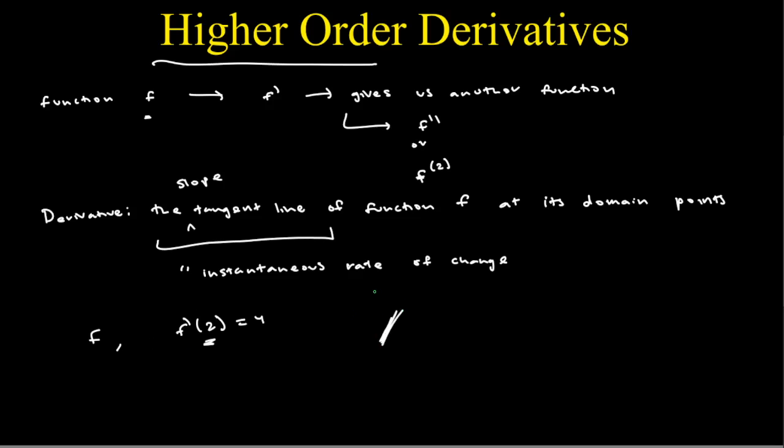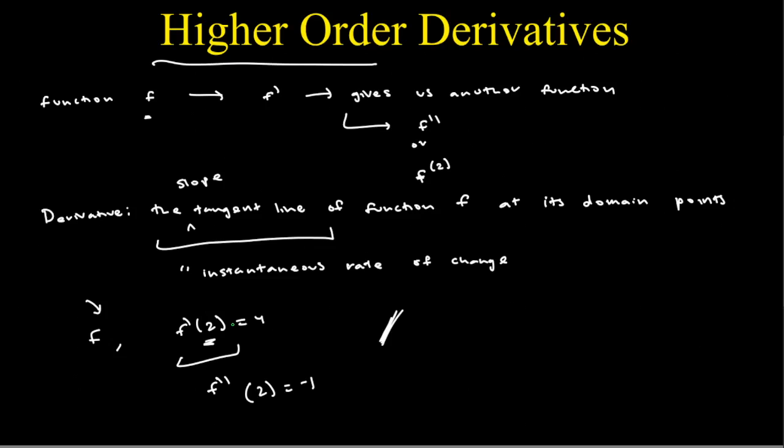So it really tells a lot about how function f is growing. And what if we had information about f double prime? Let's say f double prime at 2 was -1, right? So that means that at point 2, our function f is instantaneously growing at a rate of 4, right? That is our slope.